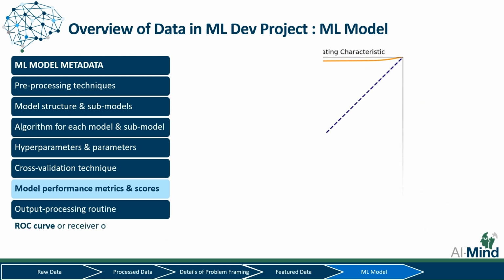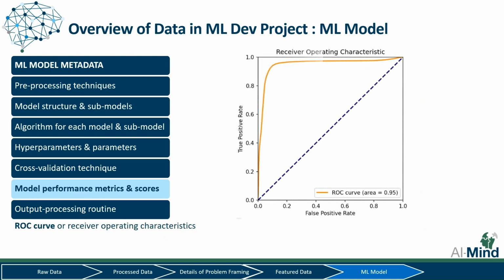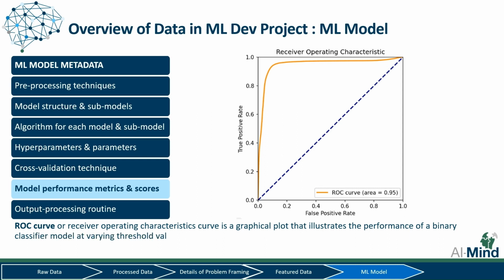The ROC curve, or receiver operating characteristic curve, is a graphical plot that illustrates the performance of a binary classifier model at varying threshold values. The ROC curve is the plot of the true positive rate against the false positive rate at each threshold setting.